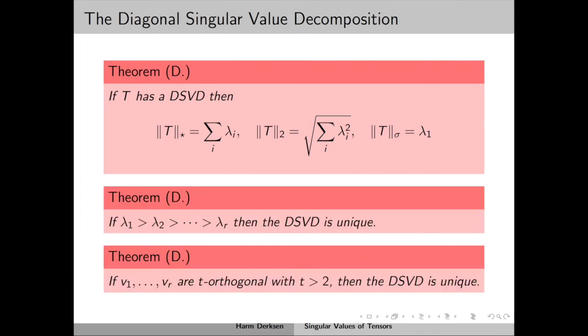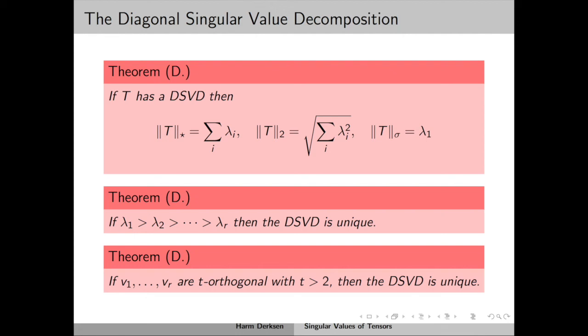Also, the nice thing here is that if the singular values are distinct, then the diagonal singular value decomposition is unique. I think that's also true for matrices. But here's another result that is not true for matrices, or well, it doesn't make sense for matrices.